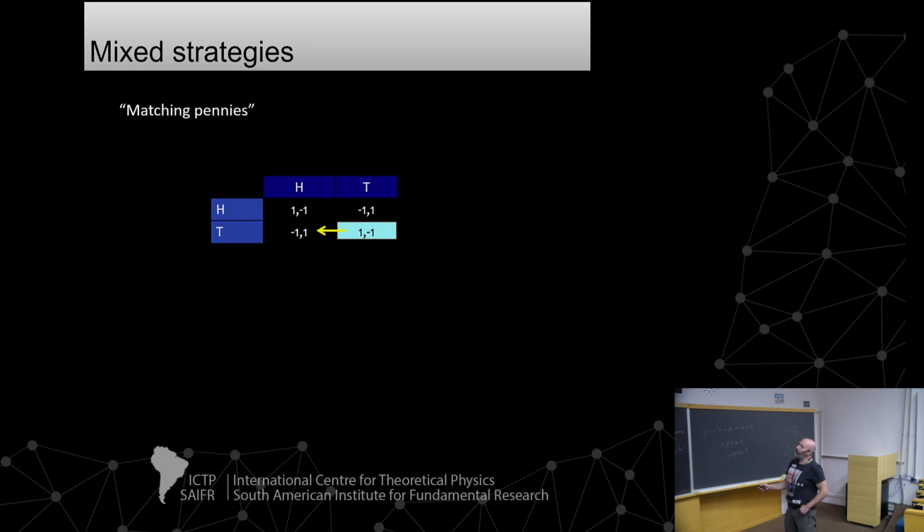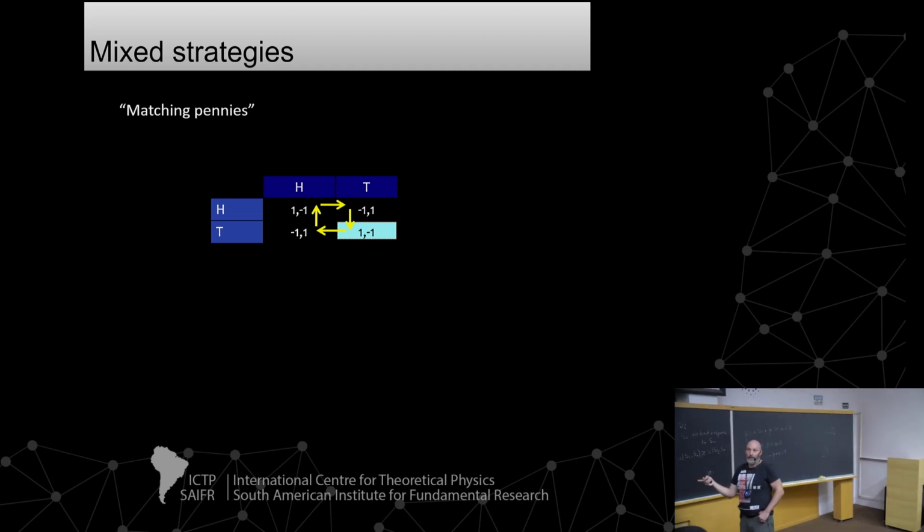So the player at the column will decide to change the strategy and go to heads. And now it is the file that is winning 1 and the column that is losing 1. So now the player at the column will go to tails, and then the player at the file will go to tails too. So we have this cycle, and again, there is no possibility to find a Nash equilibrium here.